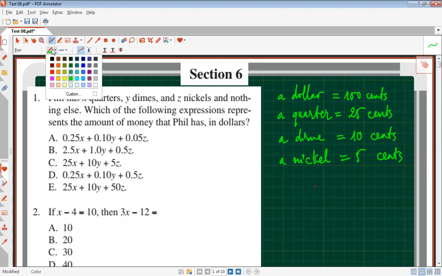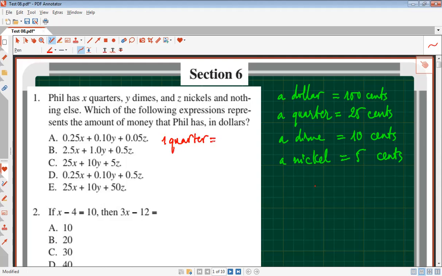And so we have one quarter equal to $0.25, one dime equal to $0.10, and one nickel equal to $0.05.